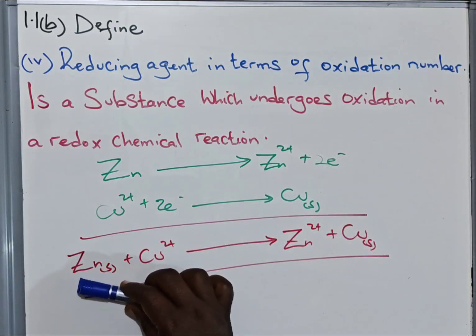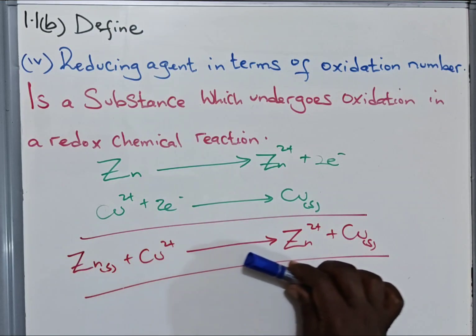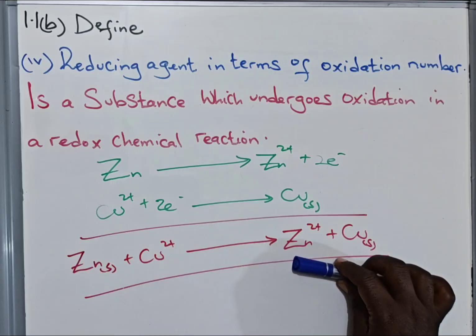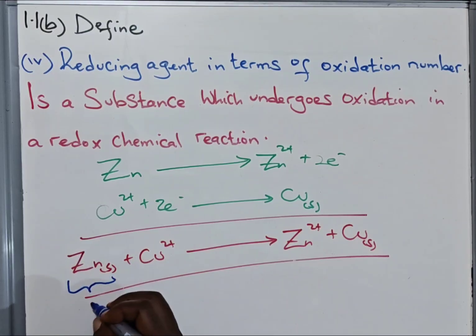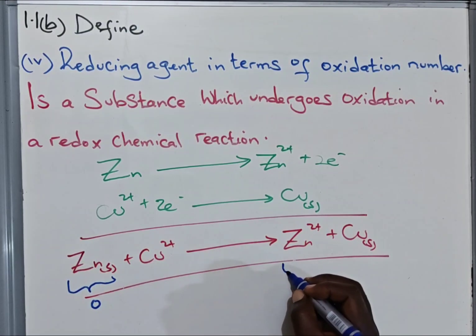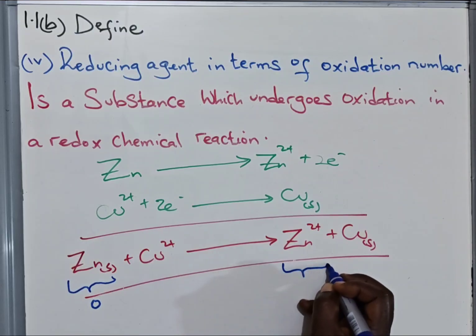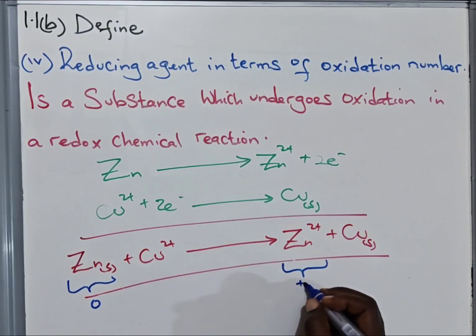Our zinc is 0 and it has undergone oxidation to become zinc 2 plus. We need to know that solids, liquids and gases have oxidation number 0, and the ions have oxidation numbers equal to their charge, which here is +2.